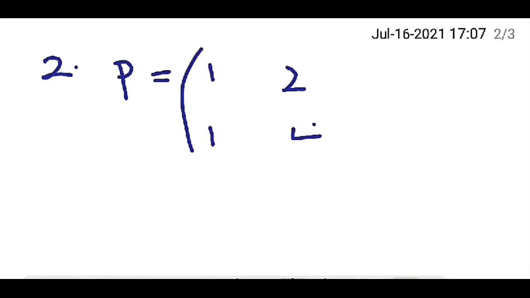Example 2. If we want to find the inverse of P, given that P is 1, 2, 1, 4, how do we get the P inverse?